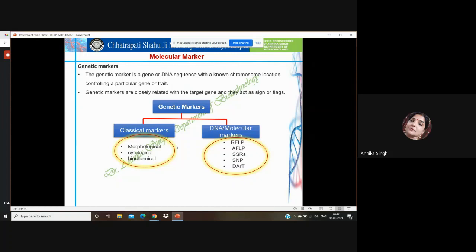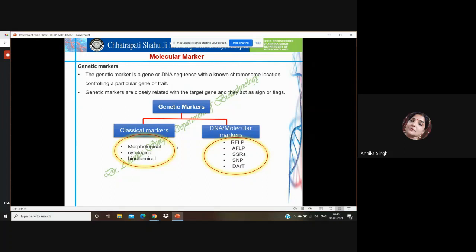Genetic markers are closely related with the target gene and they can act as a sign, or you can say a flag, for a particular gene or its product.